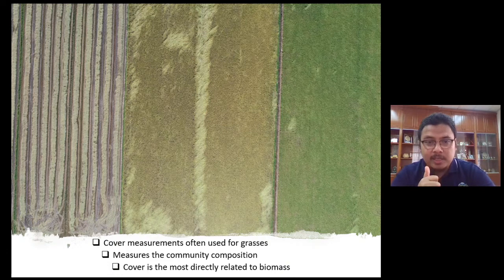A key advantage of cover as a vegetation measure is that it does not require the identification of the individual, as density does, yet it is an easily visualized and intuitive measure, unlike frequency.